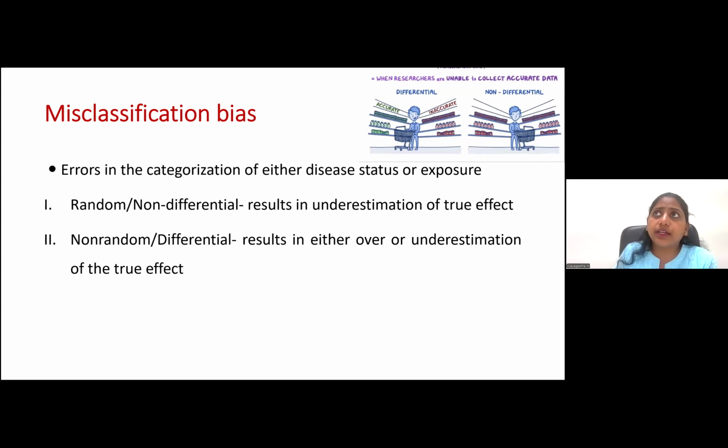It may be an incorrect way of measuring, let's say using a weighing apparatus, or incorrect measurement of blood pressure using a sphygmomanometer, or an incorrect way of putting up a question, so the validity of the findings may get affected. That happens not just in one group, it happens consistently in both groups of participants.